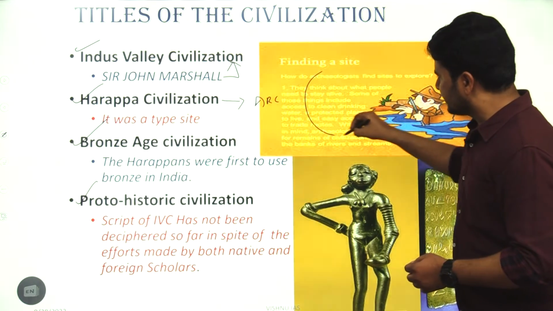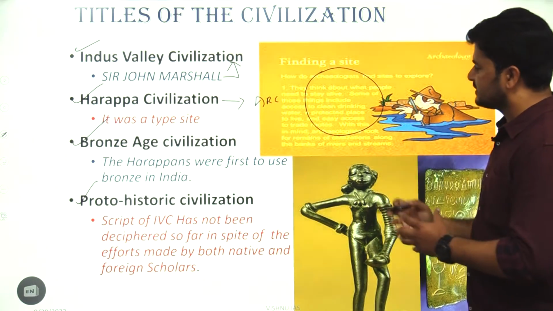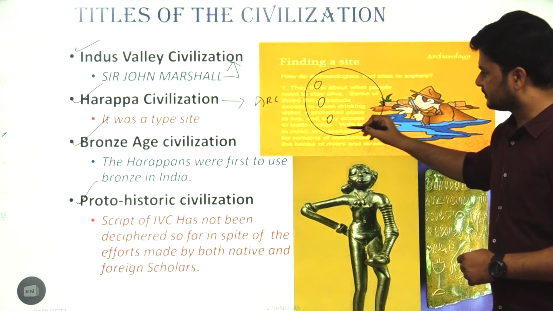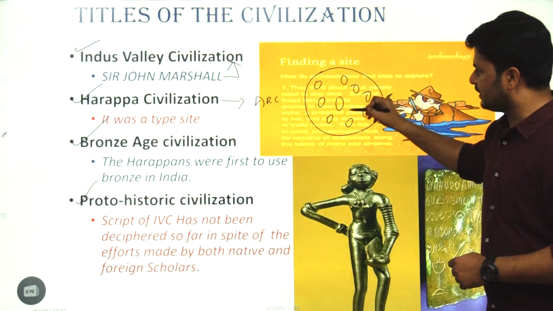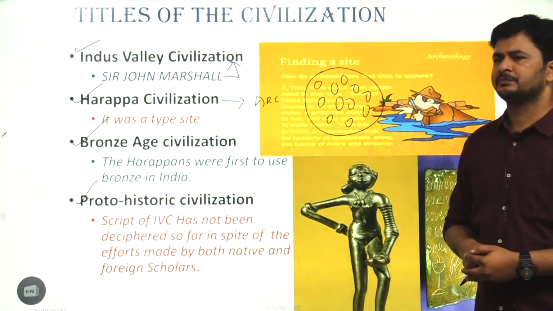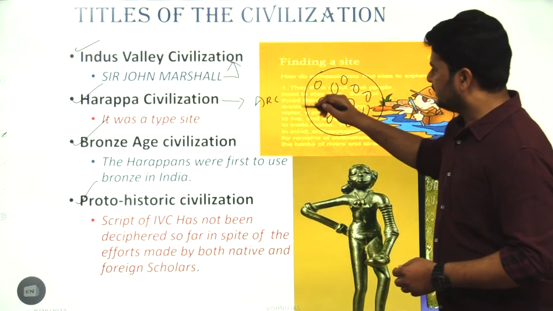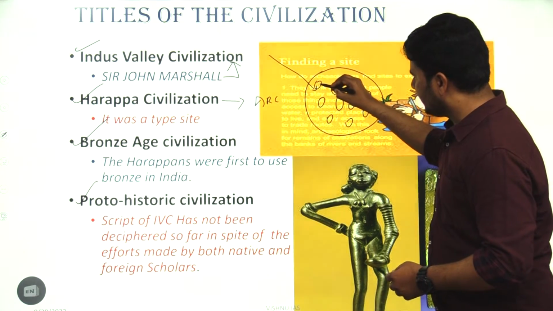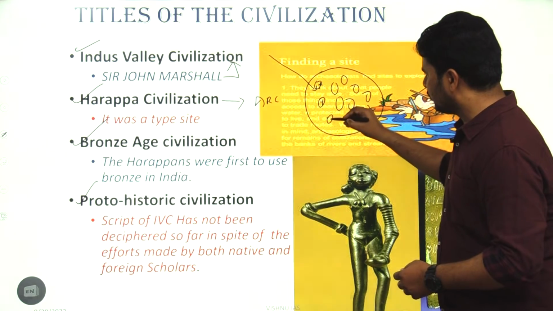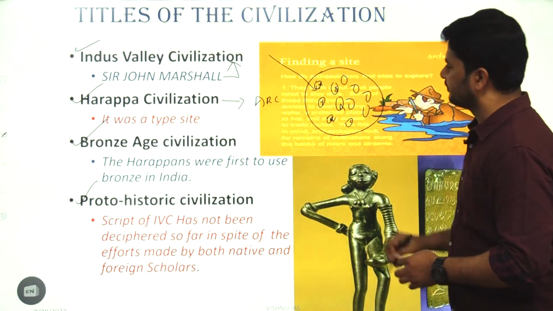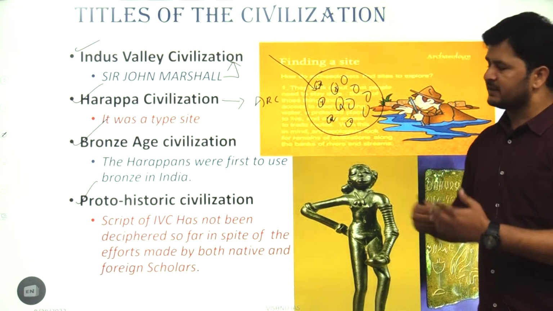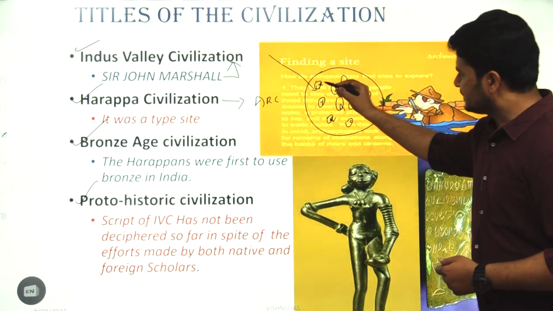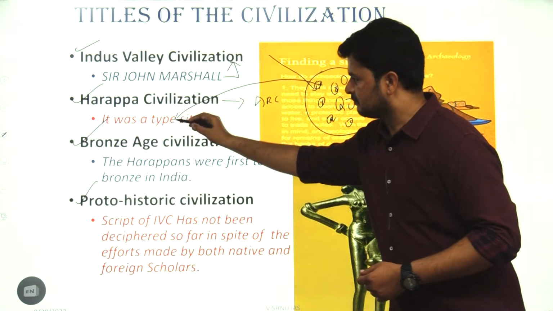For example, to make you understand, assume the circle is the Indus Valley civilization. In the Indus Valley civilization, we have so many sites, and these sites are to be discovered by archaeologists. If they start with a site called X, followed by Y, Z, A, B, C. Assume they have started with the discovery of a site called X, and they consider this X site as the type site.